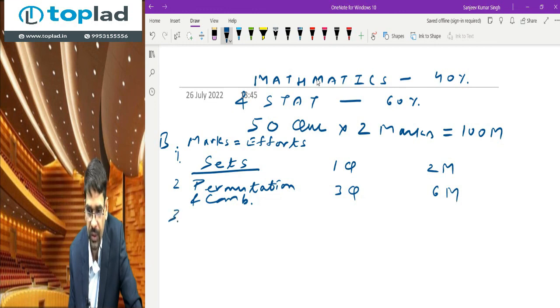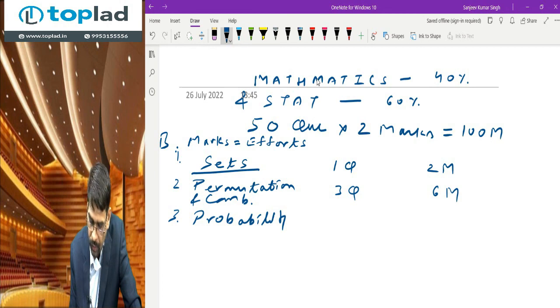And the third chapter is Probability. From this chapter, if you look at previous past papers, our institute asked around 6 questions. 6 questions means 12 marks.